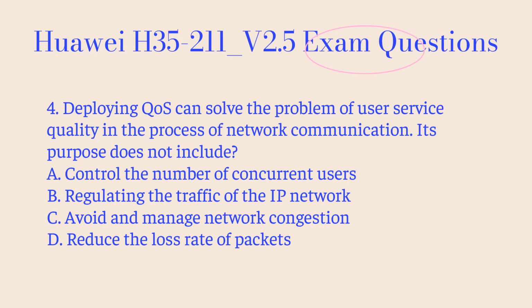4. Deploying QoS can solve the problem of user service quality in the process of network communication. Its purpose does not include A. Control the number of concurrent users, B. Regulating the traffic of the IP network, C. Avoid and manage network congestion, D. Reduce the loss rate of packets. 5.